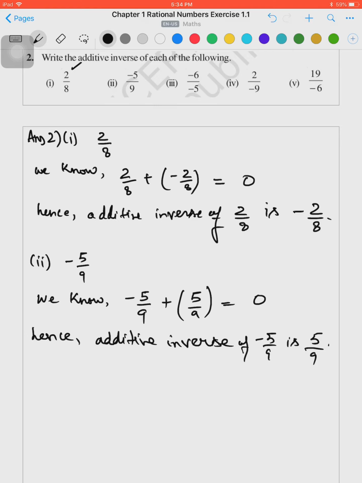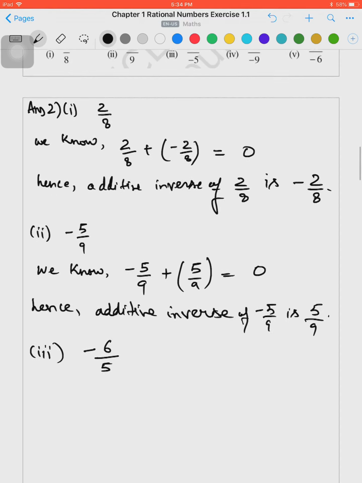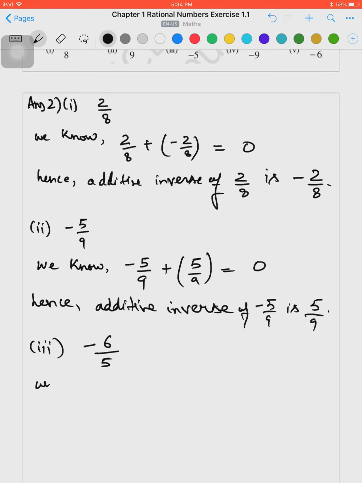That's how you have to write the answer. Next one is minus 6 divided by minus 5. The number given to us is minus 6 divided by minus 5. So first we will write this in its actual form, that is, minus 6 by minus 5.